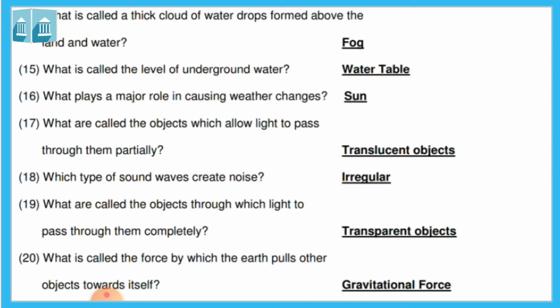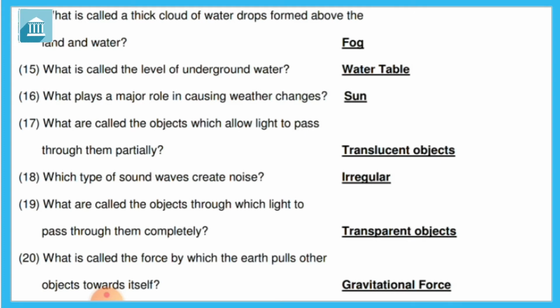17th one. What are called the objects which allow light to pass through them partially, not completely? In our last session, we have done these three definitions: opaque, translucent, and transparent objects. Opaque objects are the objects which do not allow light to pass through them.